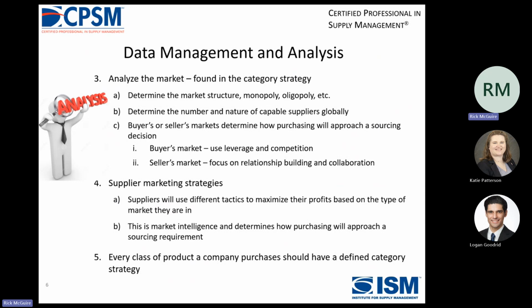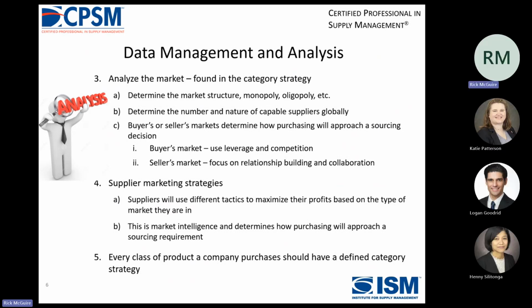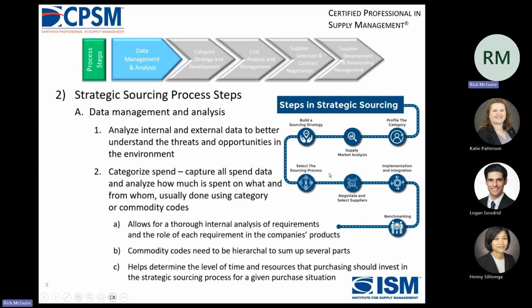In a buyer's market, we can use leverage because there are more suppliers trying to get our business. In a seller's market, there are only a few suppliers and we're competing with a bunch of buyers to get their business. So you have to focus on relationship building and collaboration.